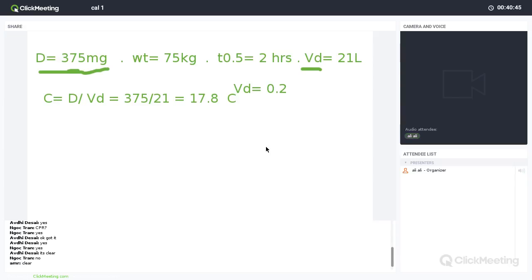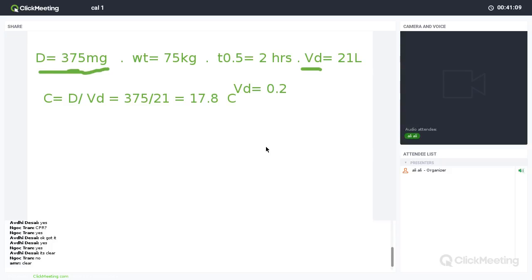The first one was the initial plasma concentration. The second question here is: what is the predicted plasma drug concentration at 8 hours after the dose? So what is the question?